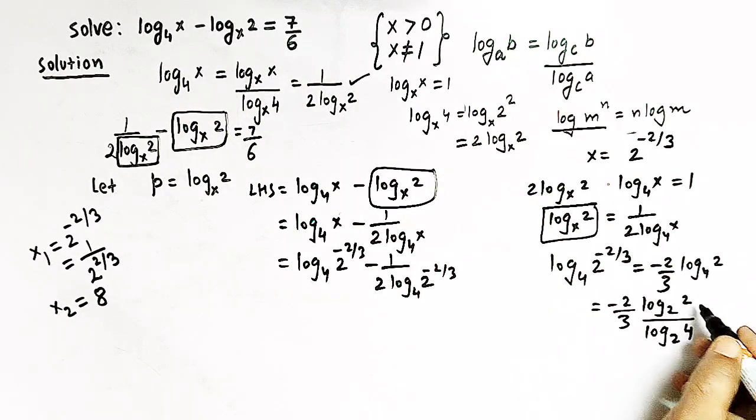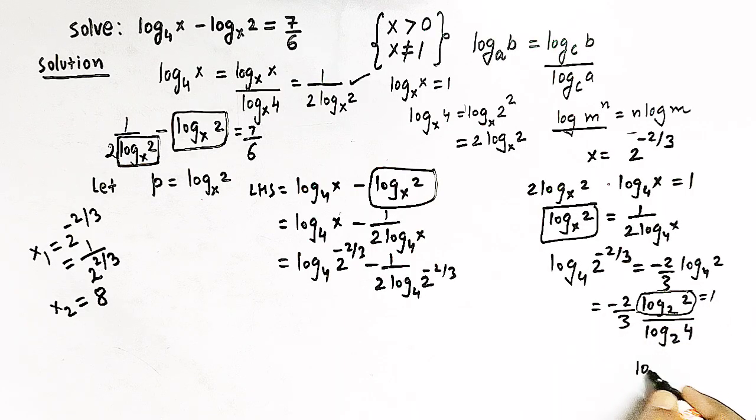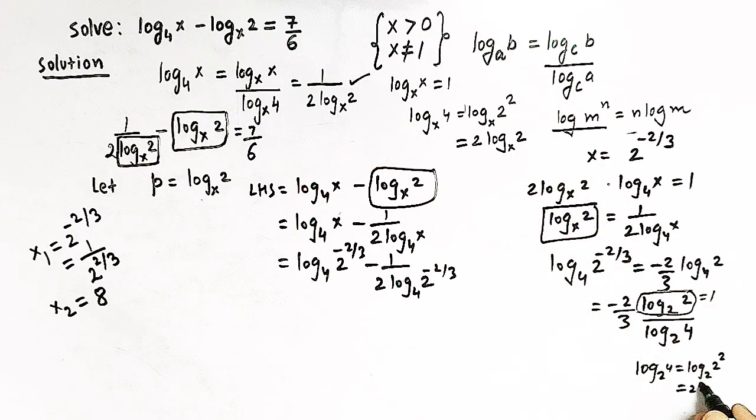Now the value of log 2 to the base 2 is equal to 1, and log 4 to the base 2 is log 2 square to the base 2, and again using this result we have 2 times log of 2 to the base 2, and log 2 to the base 2 is already equal to 1. So here we have 2 times 1, that is equal to 2, right?